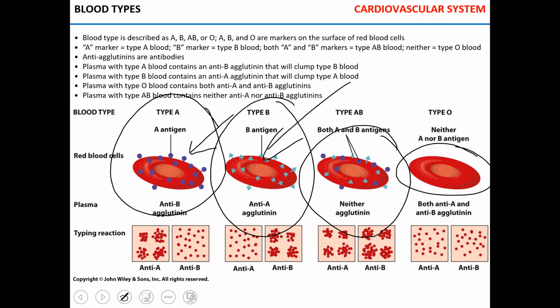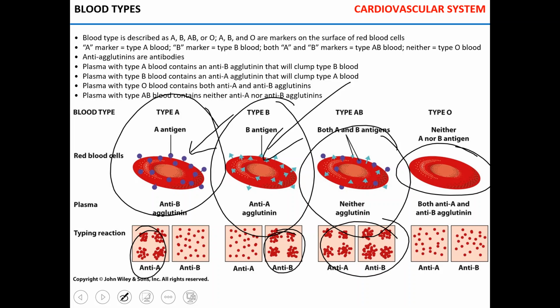And in the plasma of people with each blood group, there are antibodies that can bind to these agglutinogens. Antibodies that are called agglutinins. When antibodies bind to the agglutinogens, they lead to clumping, like here or here or here, clumping of these red blood cells.